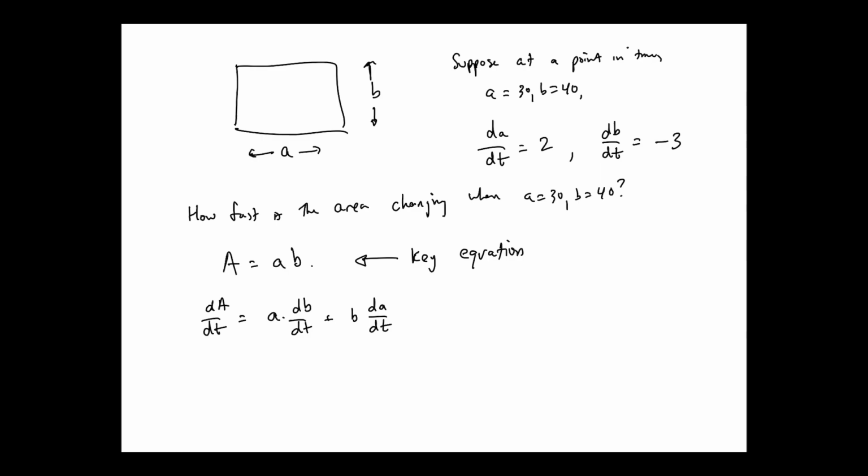Now, in physics, I will point out for the peanut gallery, sometimes they'll put a dot over it. So A with a dot over it, and anytime you see a dot, the assumption is that it's with respect to time.